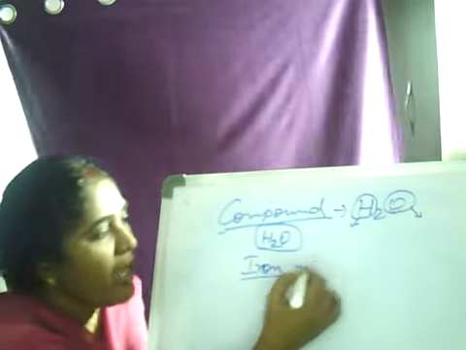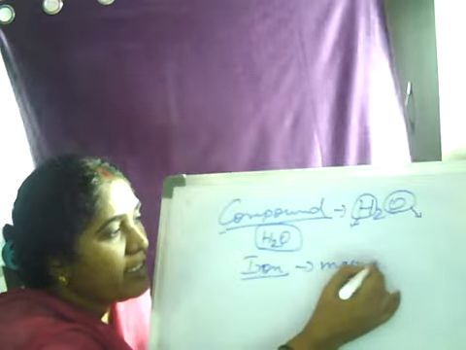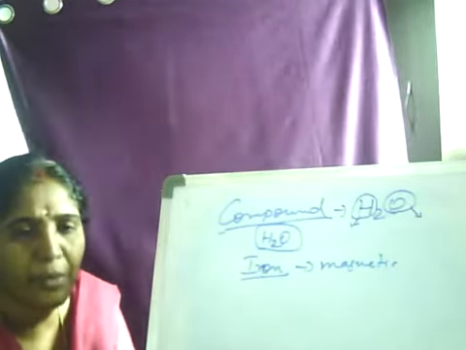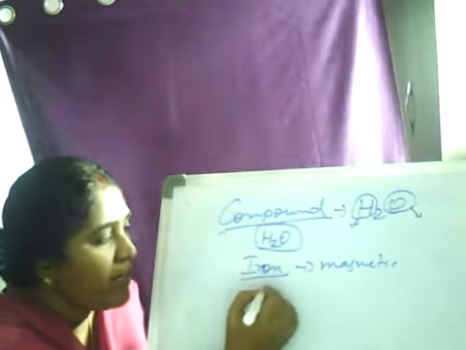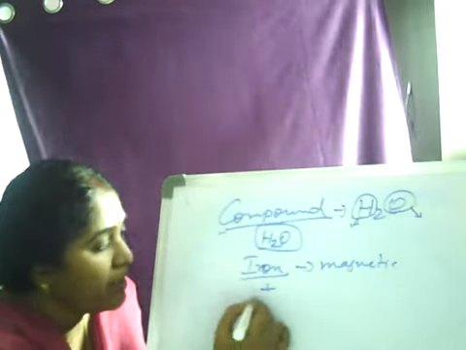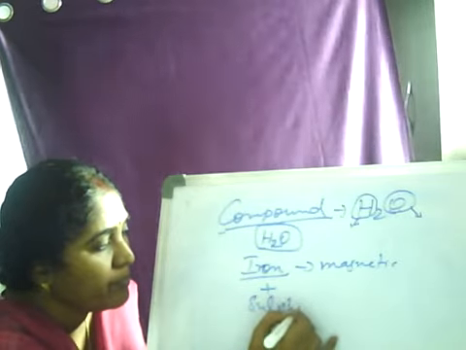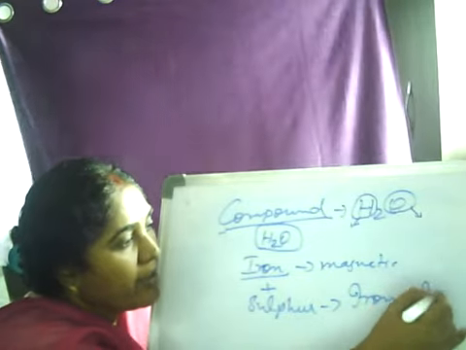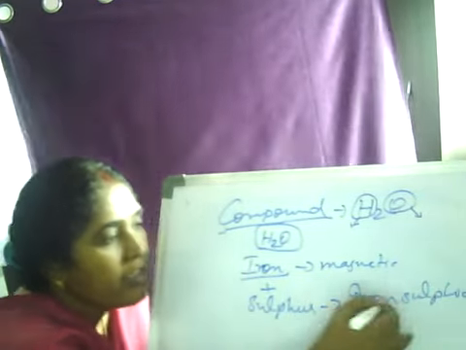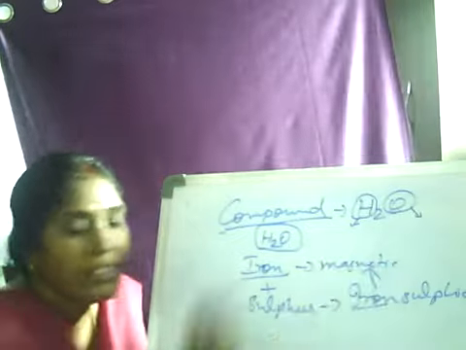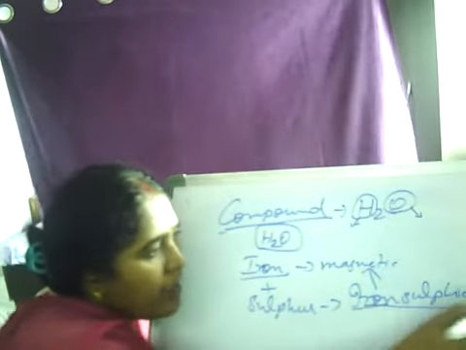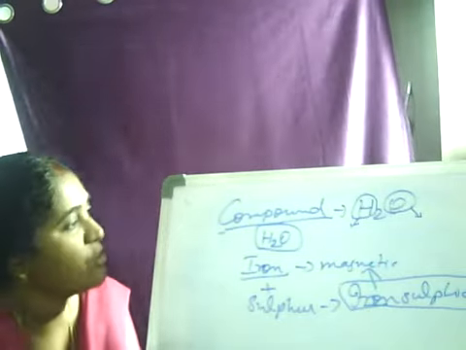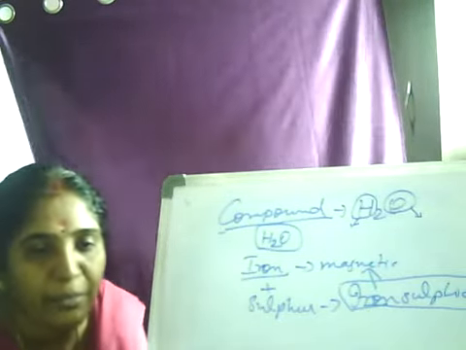Iron usually has its magnetic effect, attracted towards the magnet. That is the property. But when it combines with another atom, that is sulfur, it forms iron sulfide. Here, iron doesn't show any magnetic property. It has its own property to be exhibited. So that is what is called a compound.